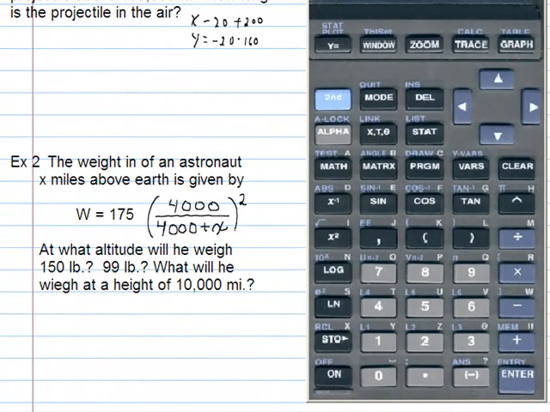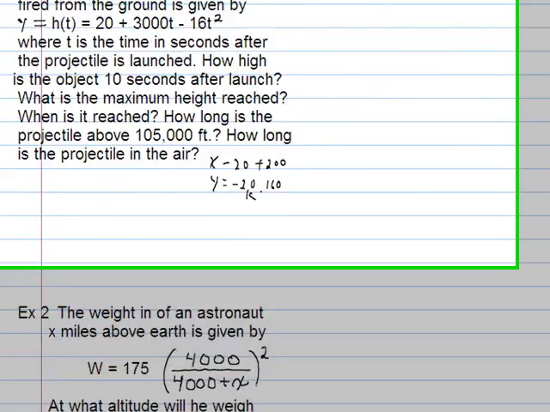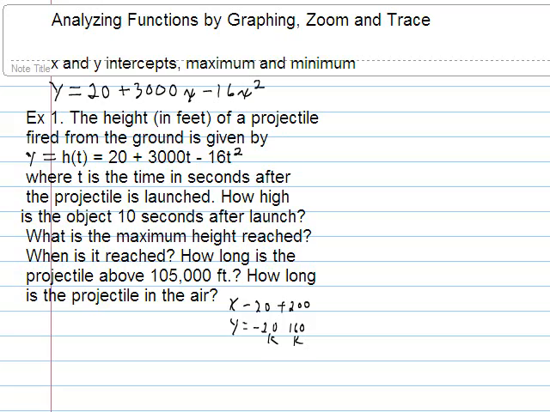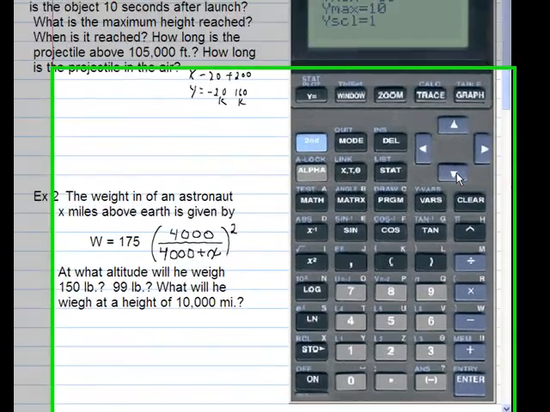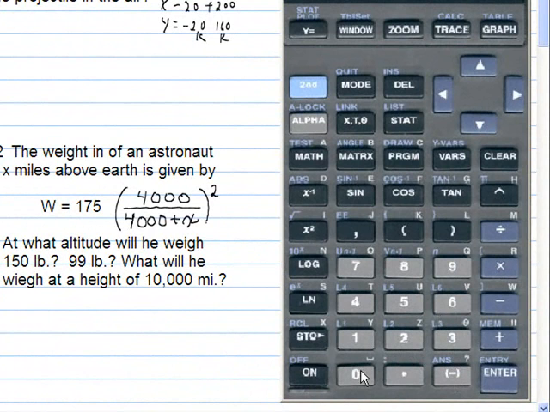And now for the height, we said the height was going to go from -20,000, not -20, to 160,000, not 160. So I come down here and I go -20,000 to 160,000, enter, and then how often to mark it?